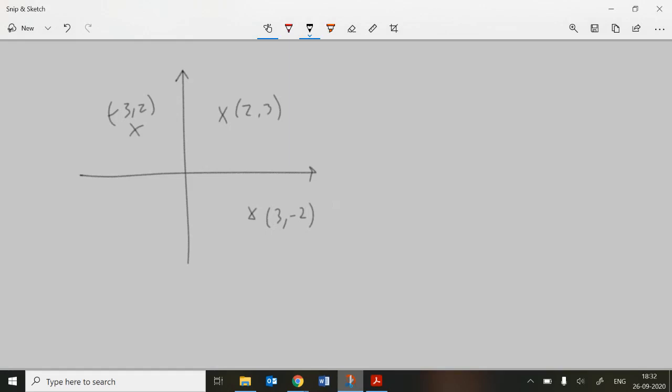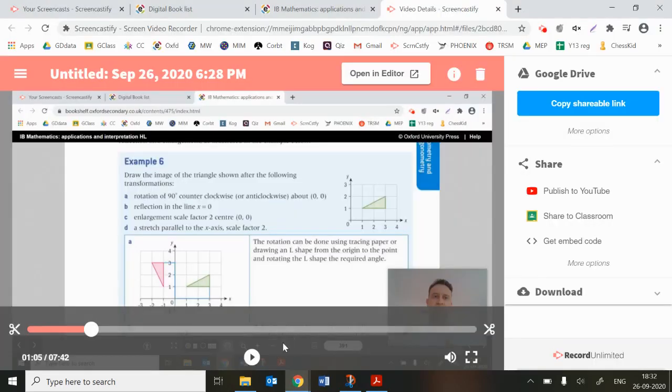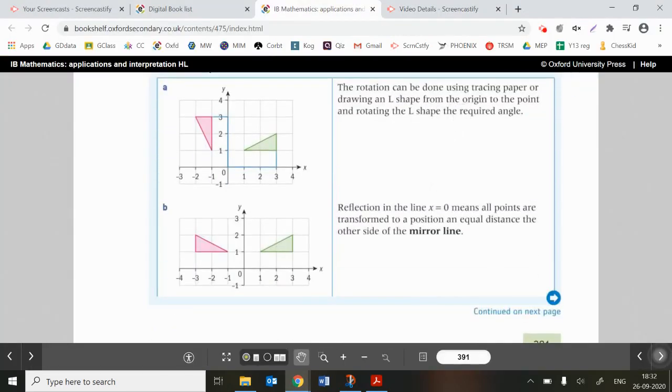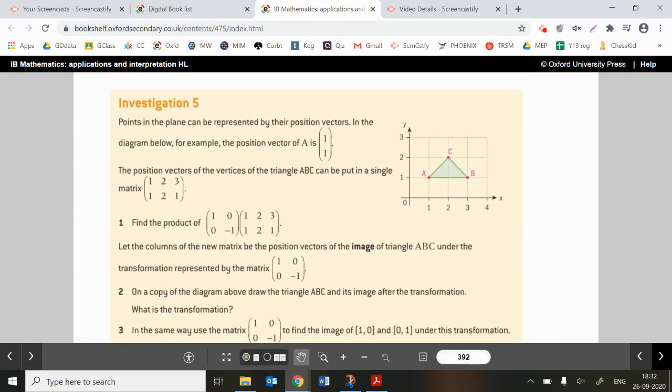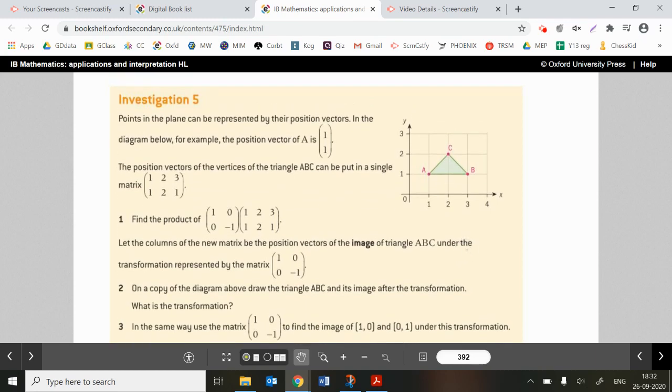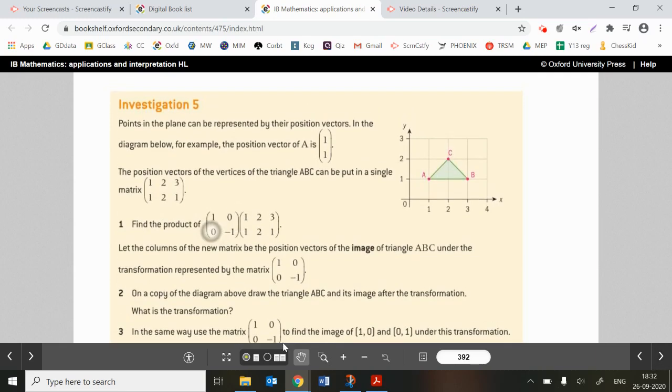Okay, another thing to say perhaps as well, just before I actually do this, there's actually a really nice investigation in the book, this investigation 5. I think it is worth going through this, and you will get some real understanding as you go through this one as well. A good thing in this is when they start talking about applying a matrix, here they're saying apply the matrix 1, 0, 0, -1 to a set of points.